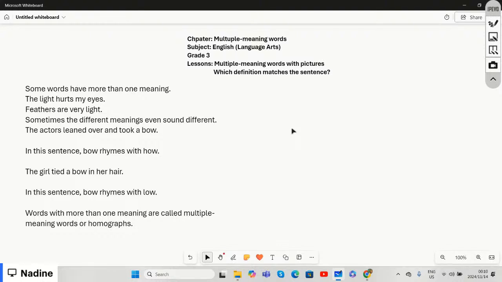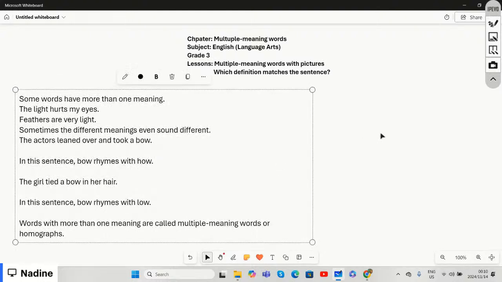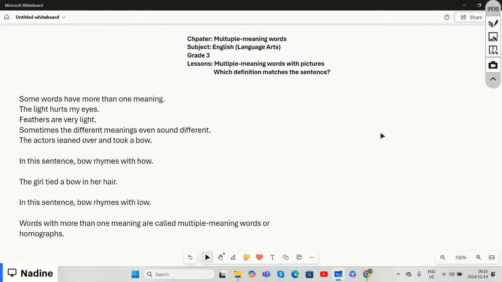All right. So when it comes to multiple meaning words, this is similar to homophones, right? Remember with homophones, we said homophones are words that sound the same, but the spelling and the meaning of the words are different. That was in our previous lesson.